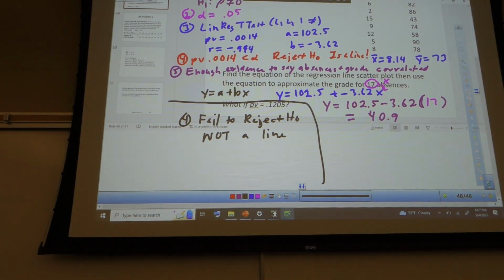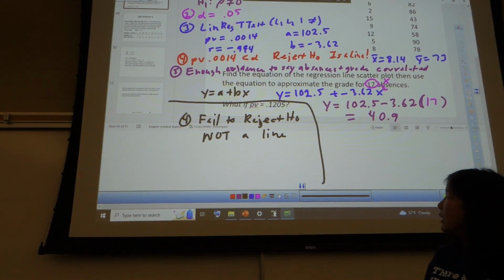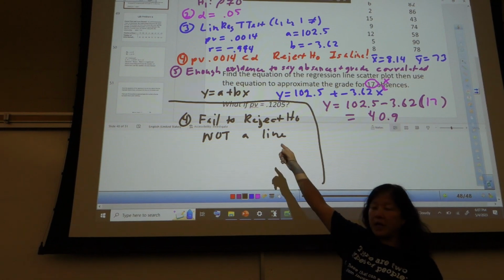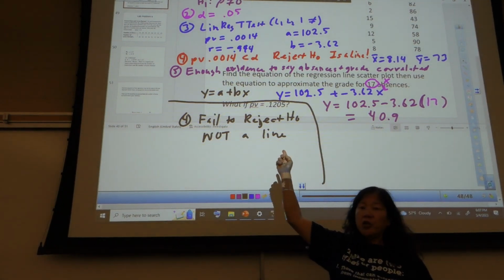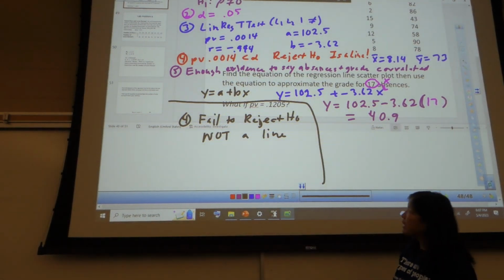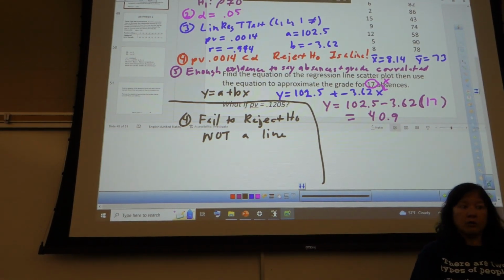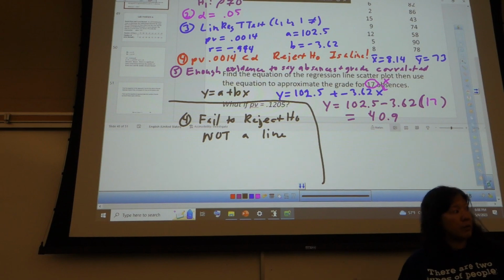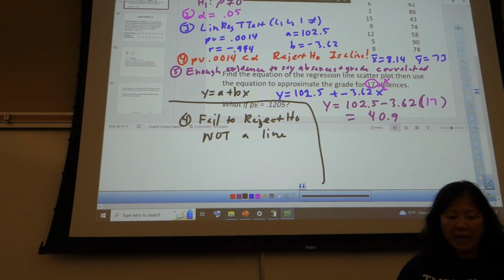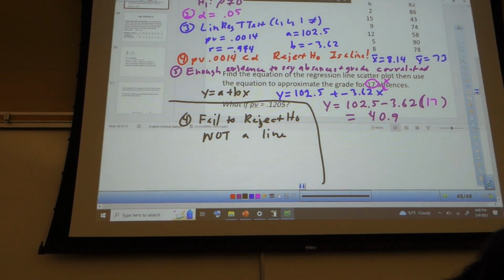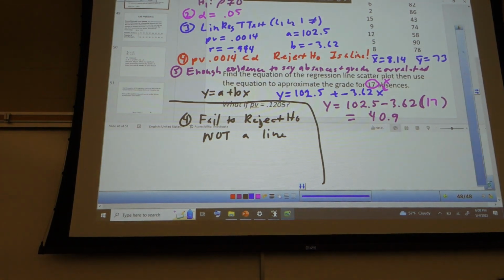All right, so if it's not a line, can I use y equals a plus bx? No, you can't. Instead, my best guess for x would be x bar, and my best guess for y would be y bar. What are we guessing at here? What am I trying to find? Am I trying to approximate x or y? It would be 17 absences is my x.